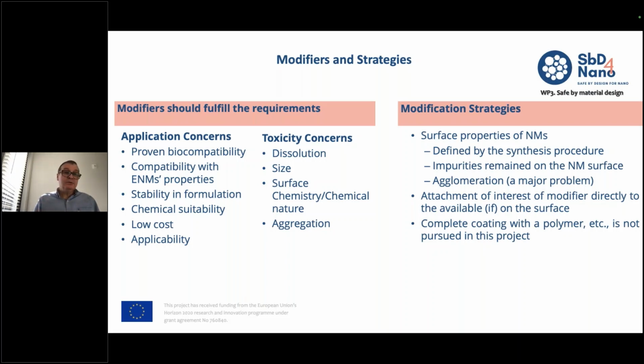Are you going to use just a simple physical coating, or attach the molecules that you selected through certain chemistry? Is this chemistry available? All these questions should be answered to develop a modification strategy.